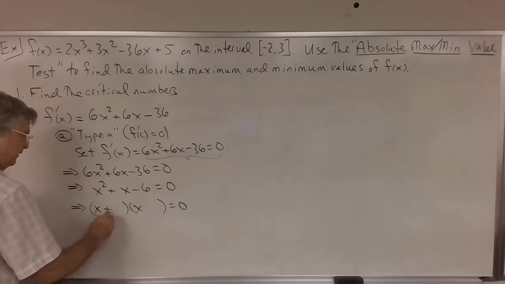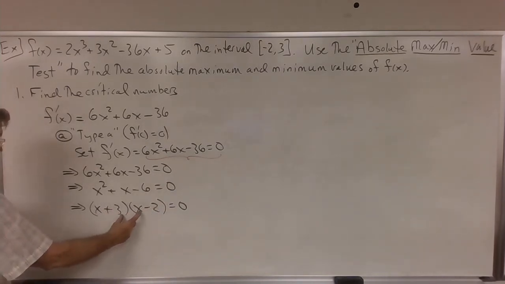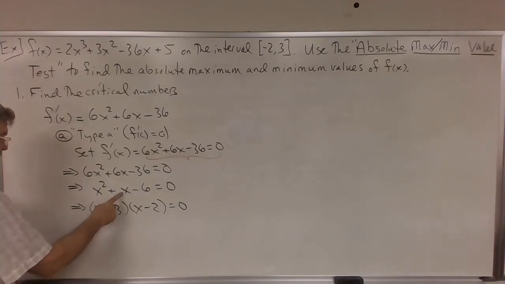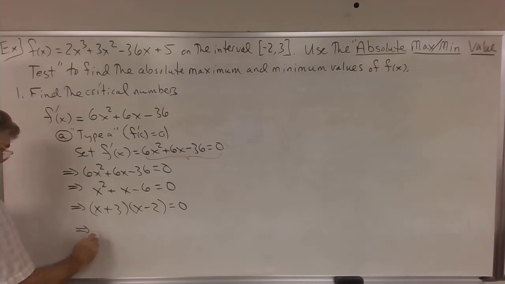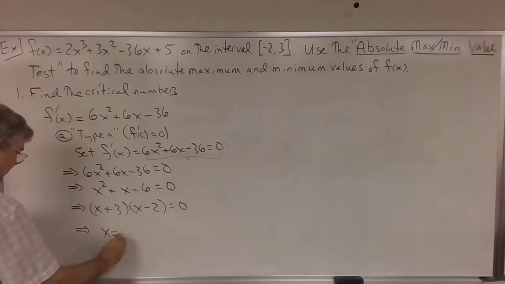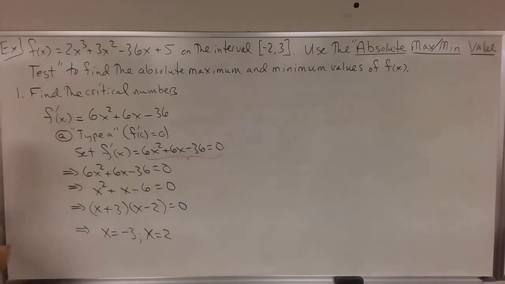And I'm thinking x plus 3, x minus 2, does that work? 3x minus 2x is x. Beautiful. Okay, so here are my critical numbers. X equals negative 3 and x equals positive 2.